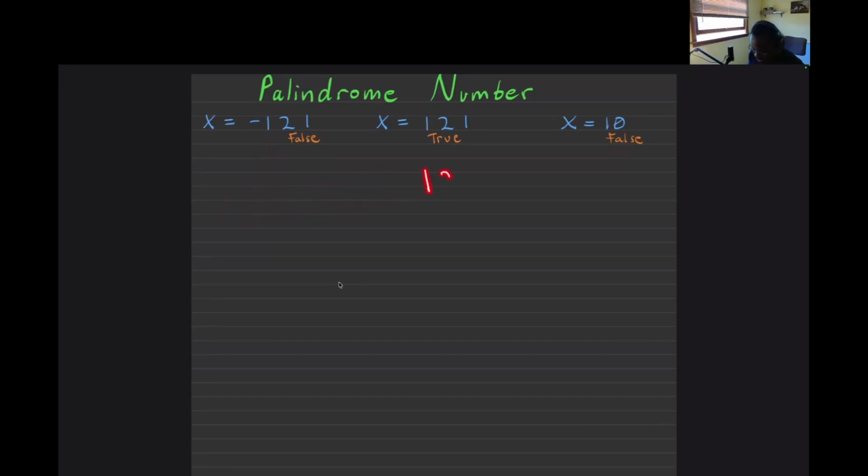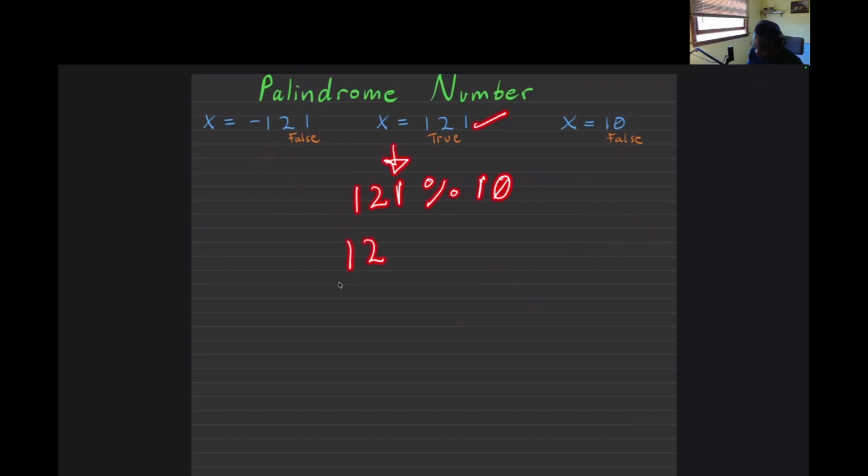Over here, 1, 2, 1 reversed is 1, 2, 1, so that works, right? This here is false because 1, 0 reversed gives us 0, 1, and they're not equal to each other, okay? For this approach, we're going to be using floor division and we're going to be using mod. So if you mod 121 by 10, it will always point to the ones place, okay?